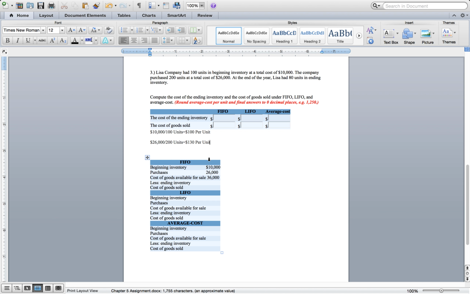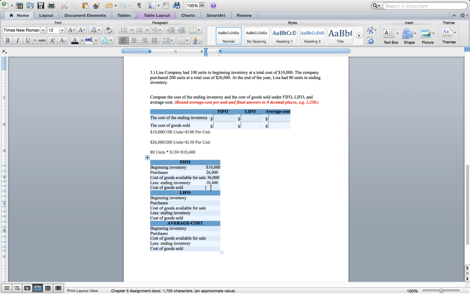Now, I need to calculate that for 80 units because that's how many are in the inventory. Now, I want to use the $130 per unit cost. Okay, so I would take here 80 units and multiply it by the $130. So that would be $10,400. So less my inventory, which would be $10,400.